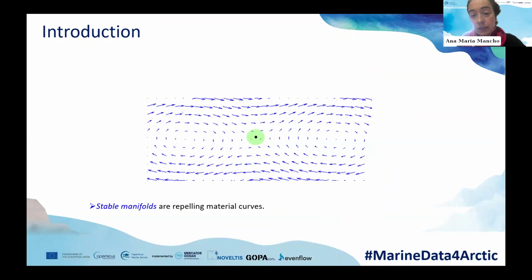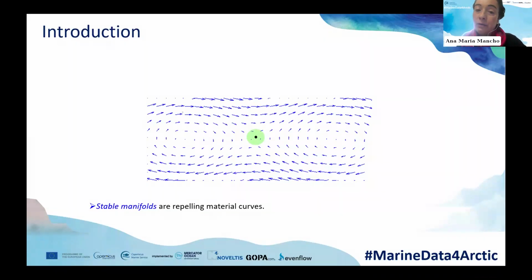Then another important concept is that I have explained how fluid blobs evolve forwards in time in the neighborhood of this hyperbolic trajectory. But now I am asking myself where these fluid parcels are coming from.